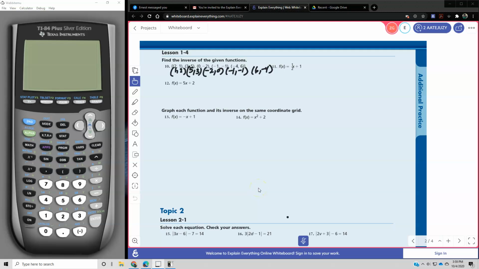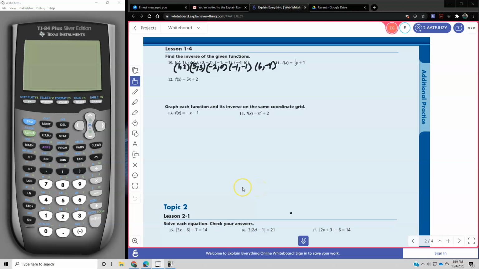Number 11, we're going to go ahead and write, we have y equals 1/2 x plus 1. So to write the inverse, you got to switch the x and the y. So x equals 1/2 y plus 1. You're going to subtract 1. So you have 1/2 y equals x minus 1.